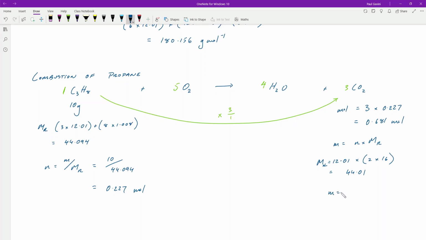So mass is going to equal this value here, 0.681 times by 44.01. So the mass is going to be equal to 29.97 grams. But I'd probably round that off to 30.0 grams if I was doing 3 sig figs. Okay, and that is it.